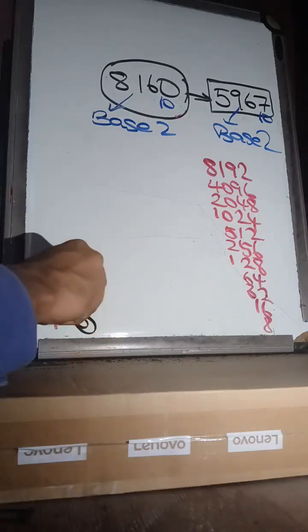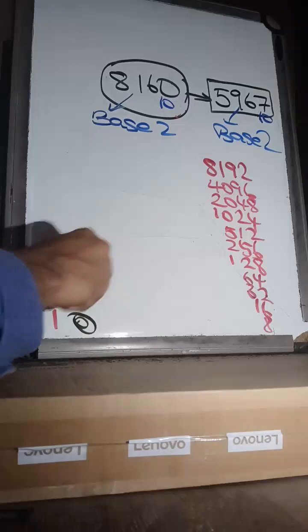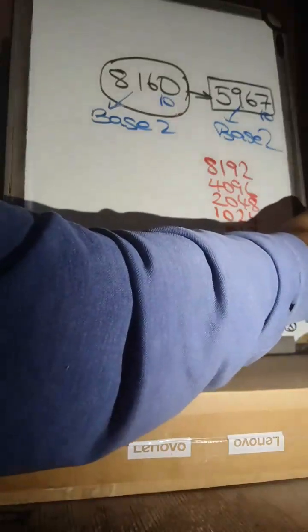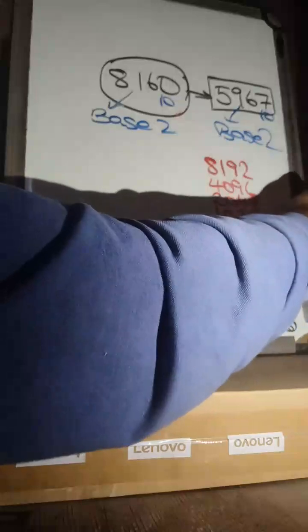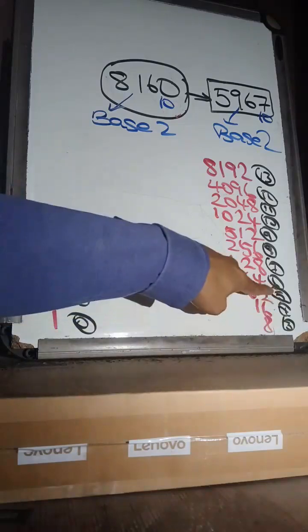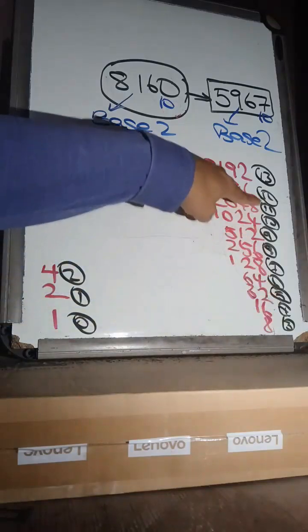Start with 0, 1, 2, 3, 4, 5. So let me do this. 0, 1, 2, 3, 4, 5, 6, 7, 8, 9, 10, 11, 12, 13.